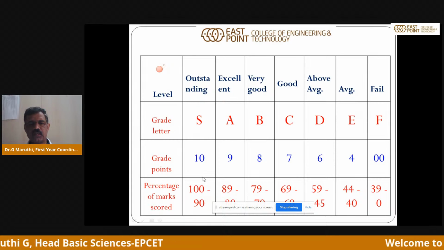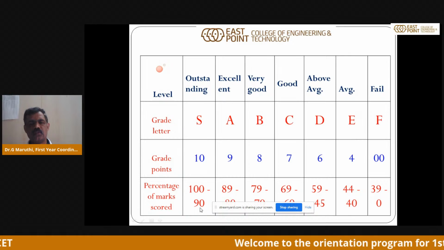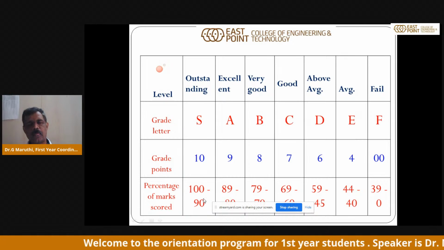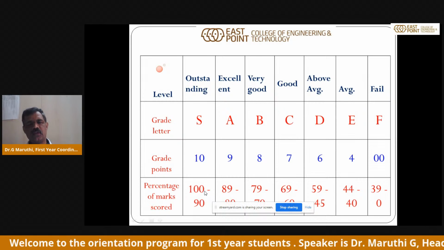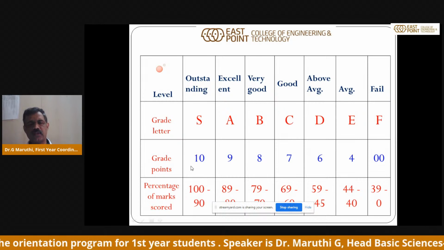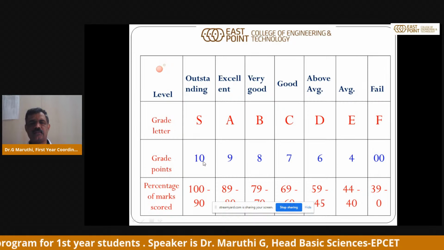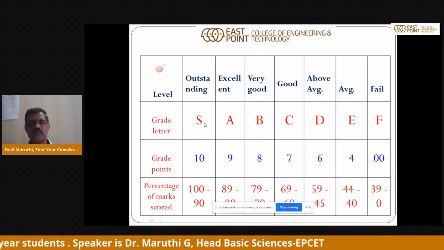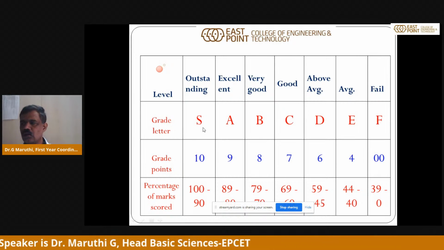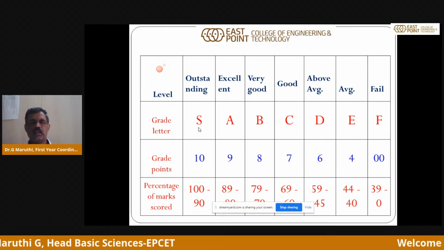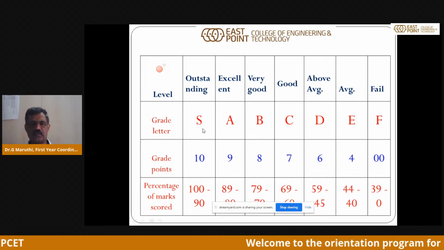If your marks are between 90 and 100, then you'll get 10 grade points. For all the students who have scored, whether it is 90 or 91 or 92 or even 99 or 100, everybody will get grade points 10. That grade letter will be mentioned as S, that is the outstanding.